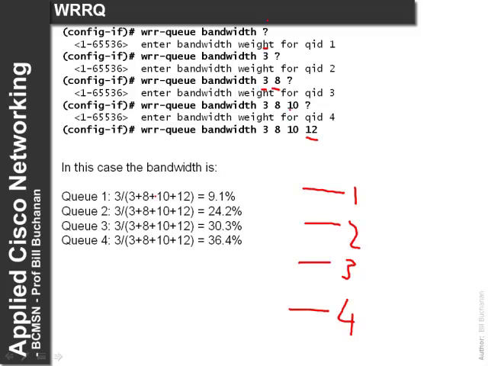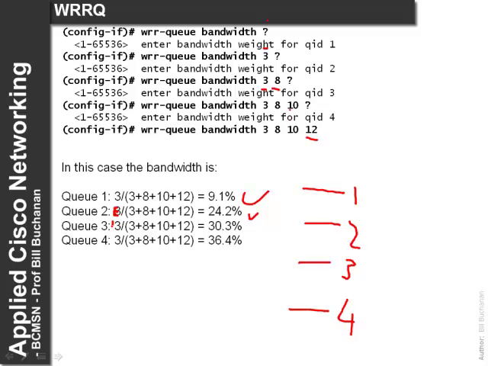Then if we do the calculations, the value for Q1 will be 3 divided by this value, which gives 9% approximately. Q2 will have a value of 8 divided by this value to give us 24.